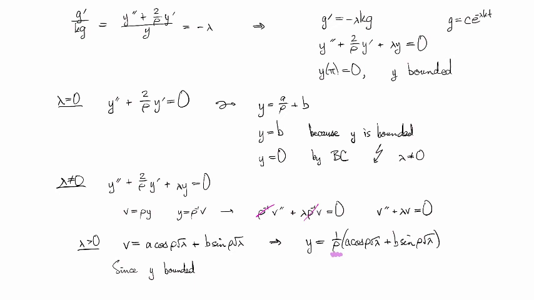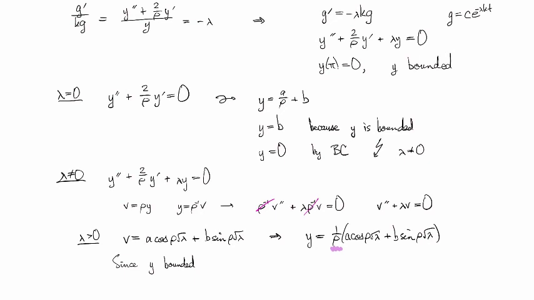But sine of rho over rho actually tends to a finite constant, because sine x over x tends to 1 as x goes to 0. So this tells us that a has to be equal to 0, and so y looks like b over rho sine rho root lambda.